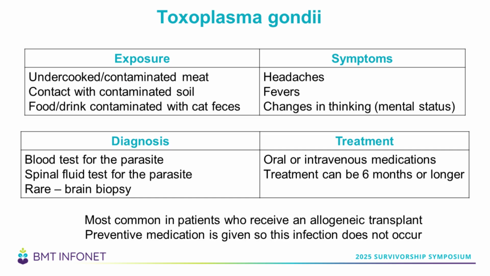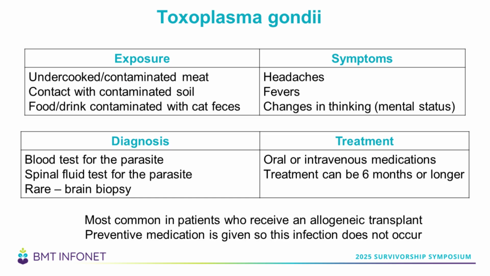So the symptoms when this infection is present can involve different areas of the body, and therefore the first sign is often actually fever, but patients can also develop headaches or changes in the way they think.